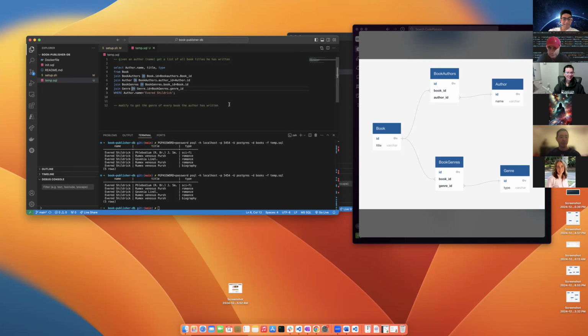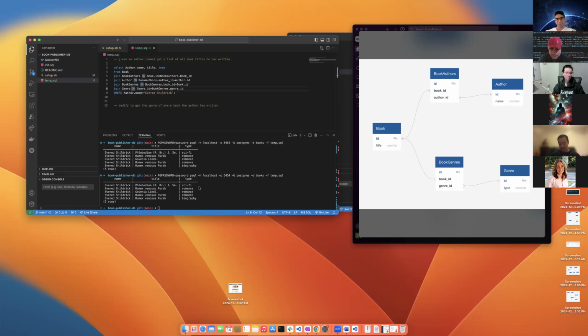But yeah, nice work overall. So now the one thing that you might be thrown off by a little bit is that originally when we ran this first part without the genres, we only had 3 rows in the table because we had 3 books. But now we have 5 rows.